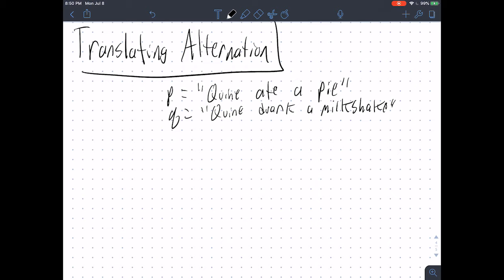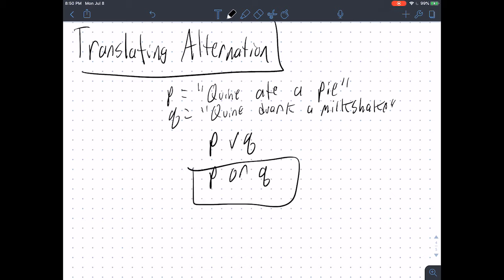Okay. Translating alternation, this is really easy. There are only two ways that we usually represent alternation in English. Again, P for Quine ate a pie, Q for Quine drank a milkshake. So P or Q, right? And obviously P or Q is the most straightforward way.